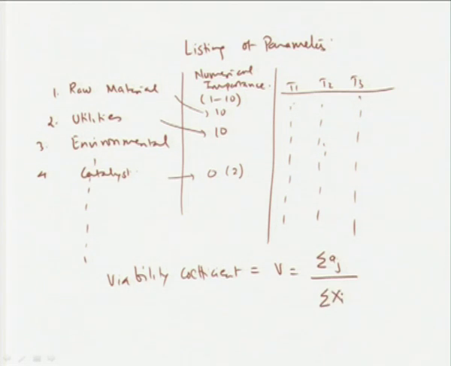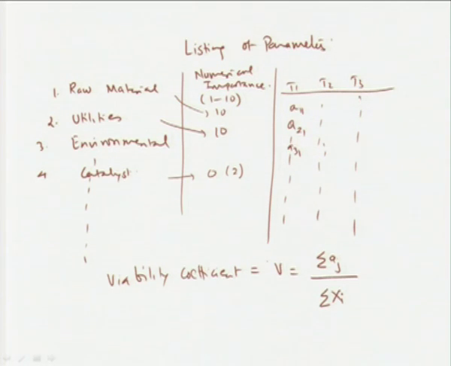So, the marks are, let us say, for raw material 1, A11, A21, A31, like that. For each parameter we give marks to each of the technologies, and then the summation of the marks divided by the summation of the numerical importance, or the credit, gives you the viability coefficient.